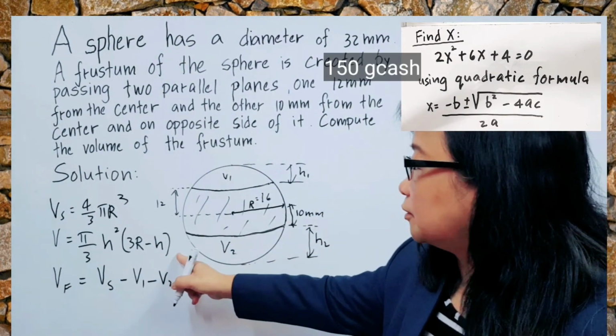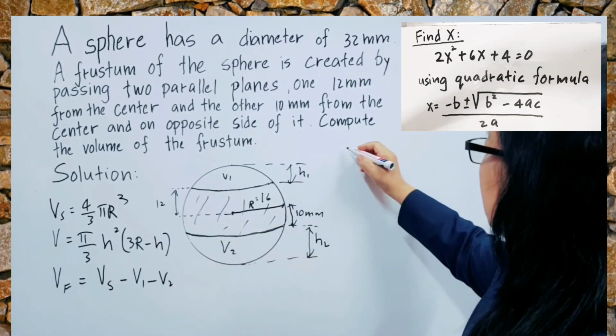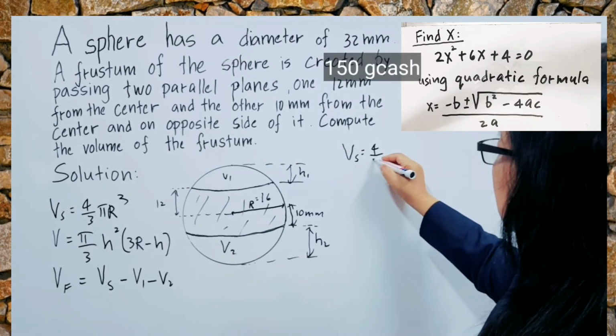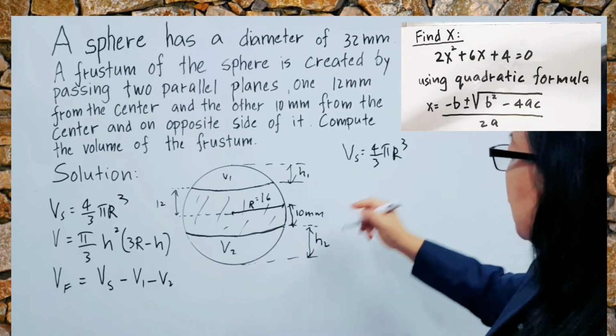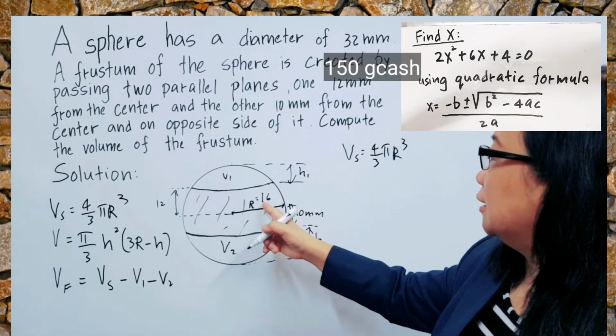So, first we will solve the volume of a sphere, the total sphere, which is Vs equal to 4/3 pi r cubed. Now, r, of course, is half of 32, which is 16.